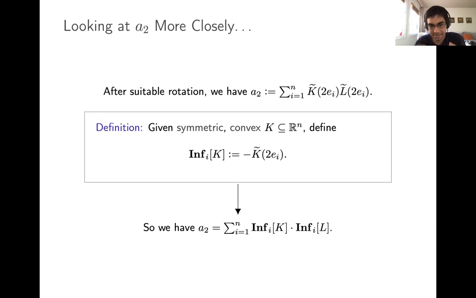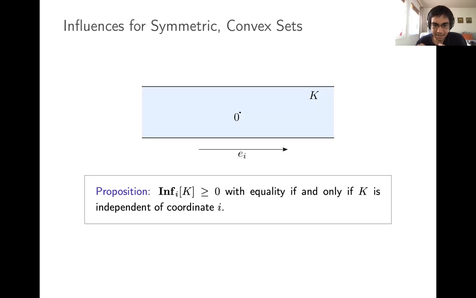And so this quantity A2 is nothing but the sum of the products of the corresponding influences of K and L. And let me say why it's not an insane thing to think about these negated degree 2 Hermite coefficients as influences.